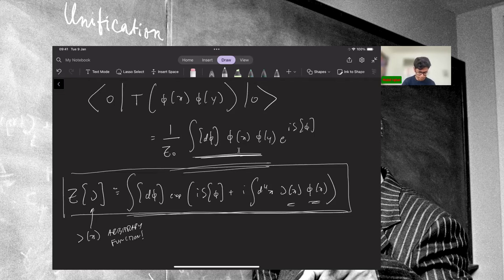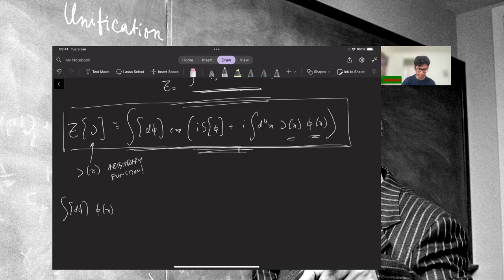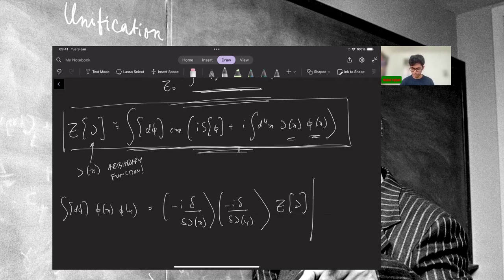So the integral D phi, phi of x, phi of y, is equal to minus i delta/delta J of x, minus i delta/delta J of y, times Z of J evaluated at J equals 0.